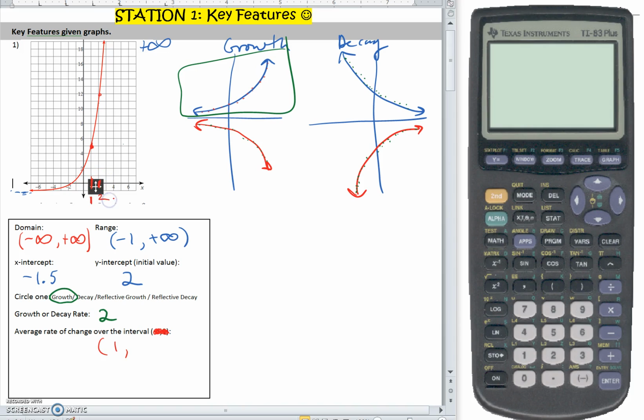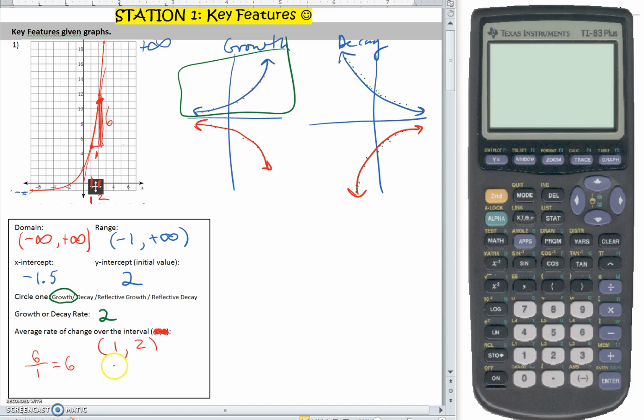We'll make it a small interval. So 1 to 2. These are x values. I want to know what is the slope of the line connecting those 2 points. So visually you can actually draw the rise and the run. I ran 1 and I went up from 5 to 11, so that would be 6. So my rate of change would be 6 over 1, which is just a value of 6.